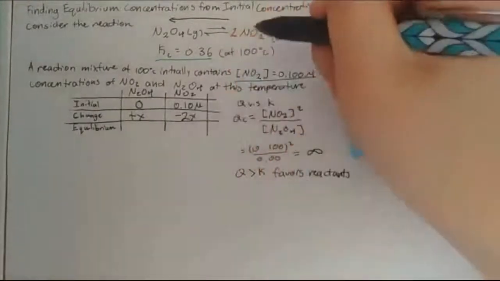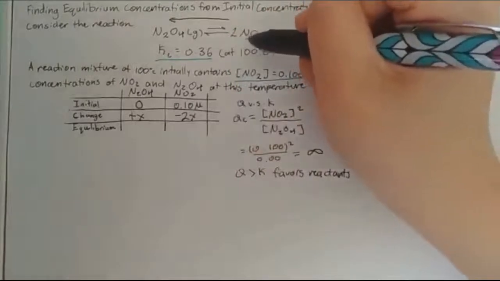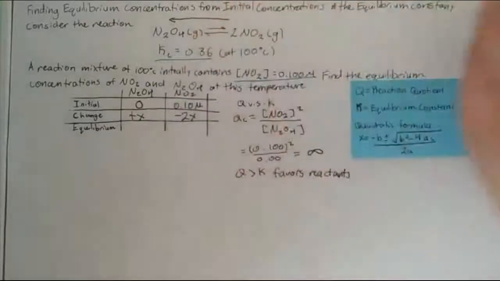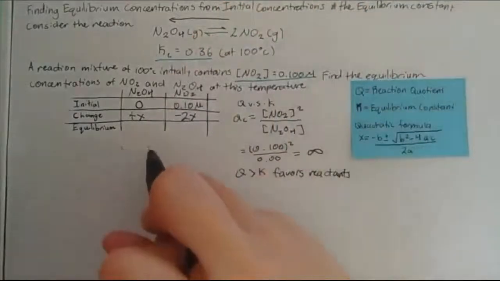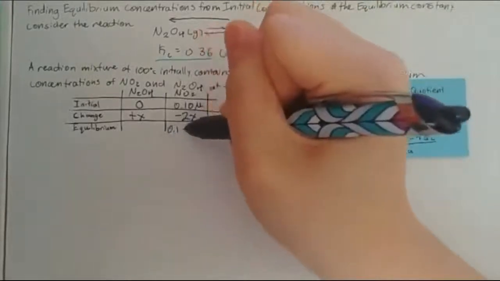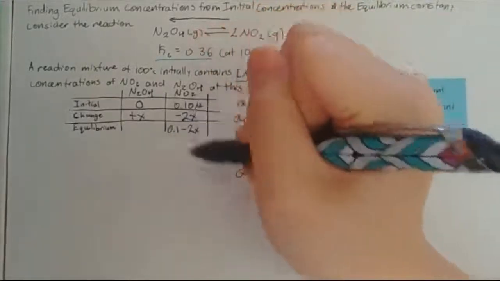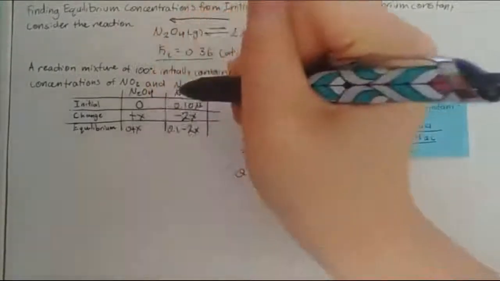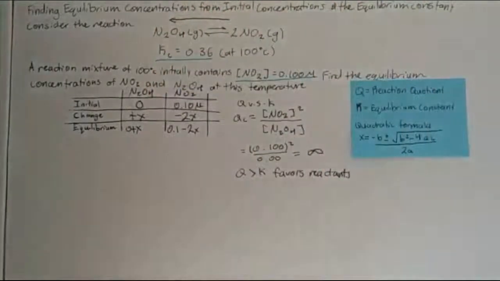The 2 is from the 2 moles of NO2 that we are losing to gain 1 mole of N2O4, as you can see. And then to find the equilibrium concentration, you just combine each column to get 0.1 minus 2X for the concentration of NO2 and 0 plus X, which is just essentially X for N2O4.